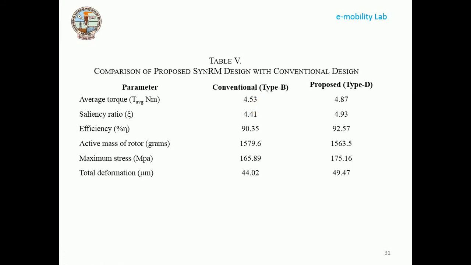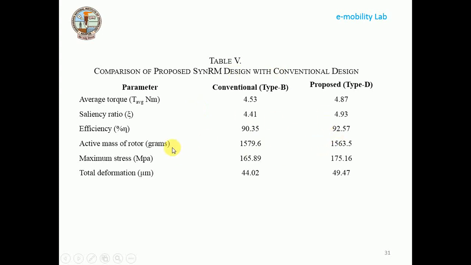We have already discussed the tangential ribs, so we have not mentioned them here. In both designs, the tangential rib is fixed at 0.5 mm. One has 1 mm thickness, this one, and the other has an opening of 1 mm, middle 1.5, and the next opening is also 1 mm. Variable rib width, this is constant rib width.